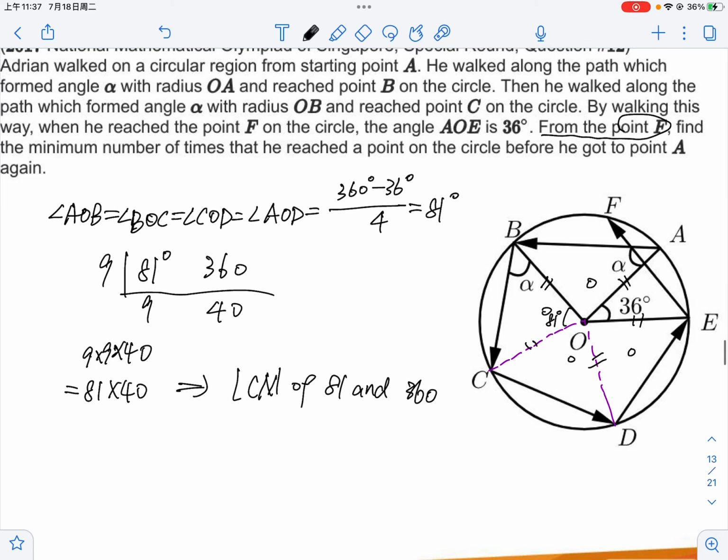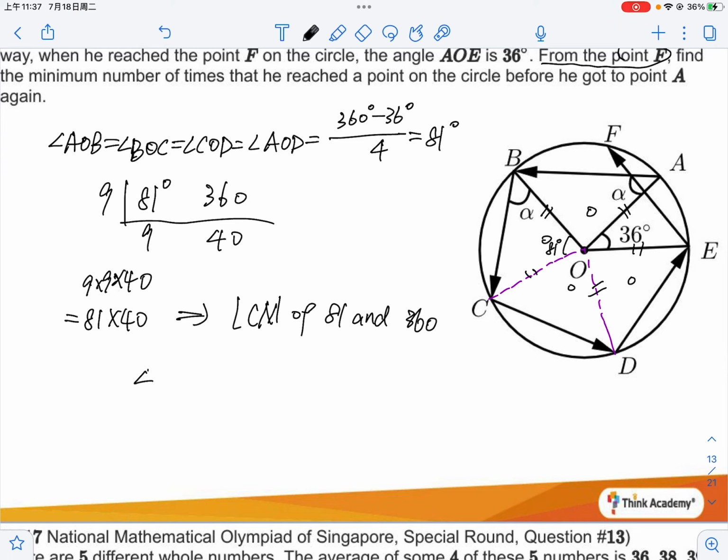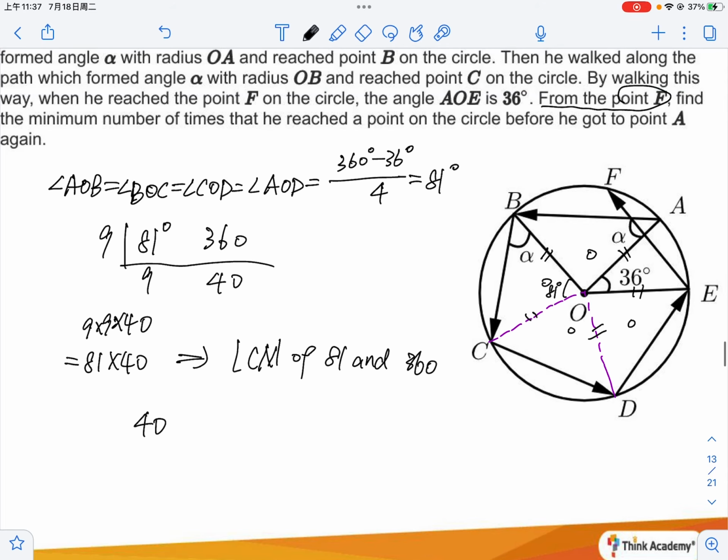Why 360? We want a full circle, right? Come back to the A point. So we need 40 turns in total beginning from A, and then he will come back to A.